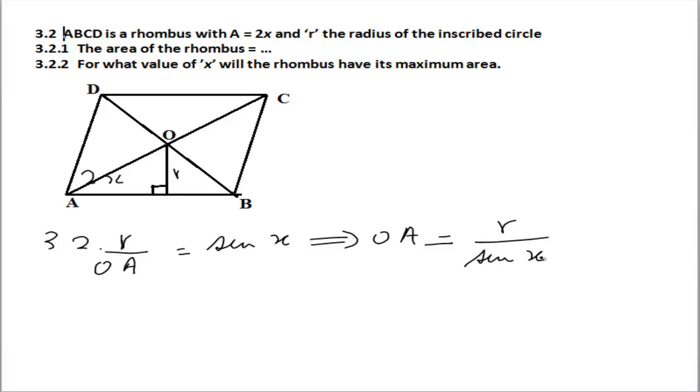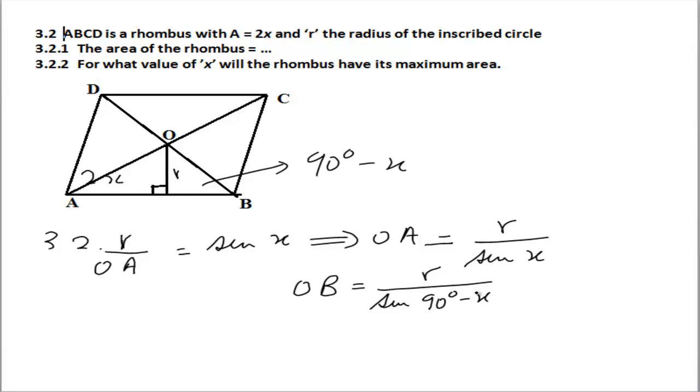So angle B will become 90 minus x. So we're looking at OB is equal to, in a similar way, r over sine of 90 minus x. And sine of 90 minus x is cos x, so OB is r over cos x.